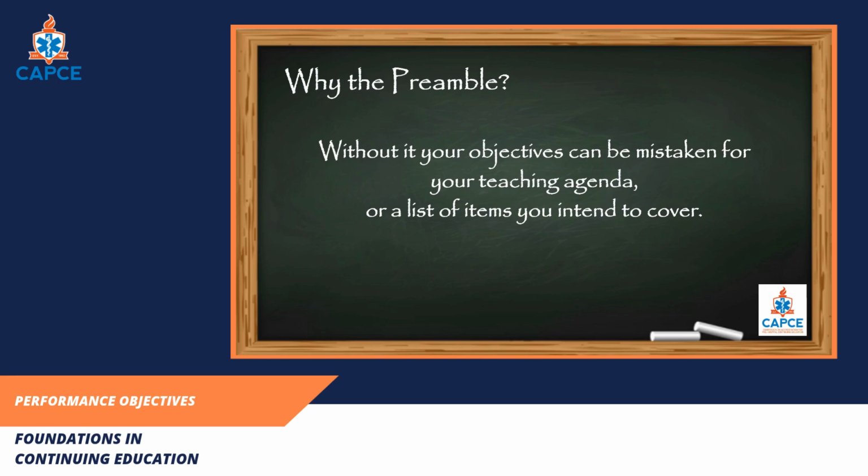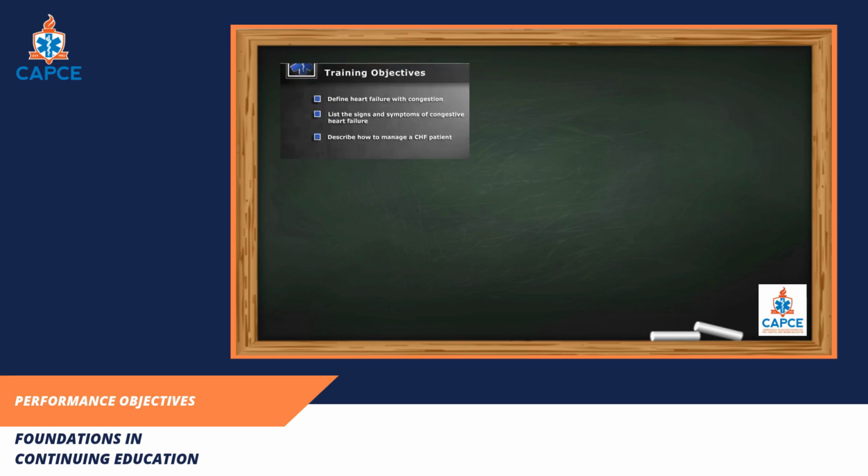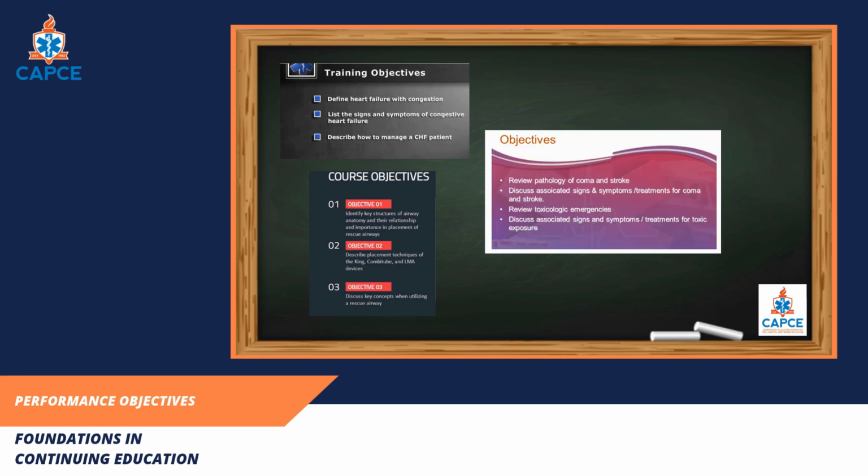Why the preamble? Without it, your objectives can be mistaken for your teaching agenda or a list of items you intend to cover. Let's look at some examples of learning objectives without the preamble. You can clearly see how these examples look more like the items the instructor is about to cover and tells the students nothing about what is expected of them.